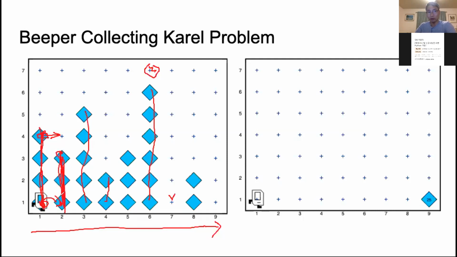Okay, then going on, the next column, next avenue, and there is a beeper. So we are going to collect all the beepers, then go back to the first street. Always the first street. Do not jump this way.